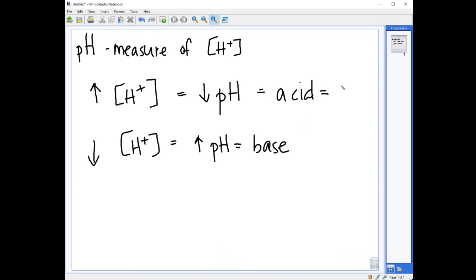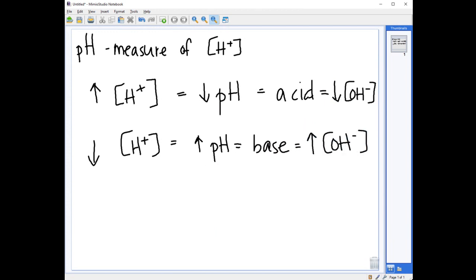And another way to say this is if we have high hydrogen ion concentration, then we have to have a low hydroxide ion concentration. And down here with our bases, if we have a low hydrogen ion concentration, then our hydroxide ion concentration is going to be high.